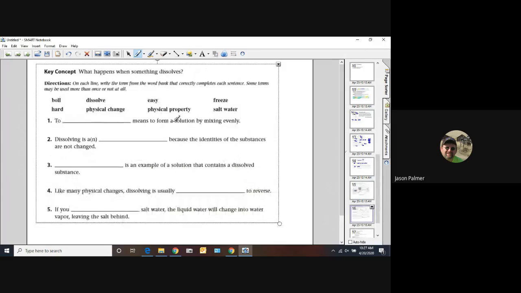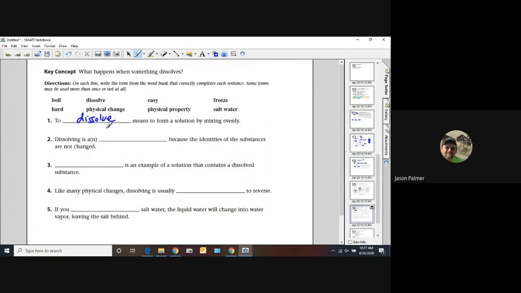Okay, to blank means to form a solution by mixing. So dissolving is a blank because the identity of the substance will not change. It's a physical change.